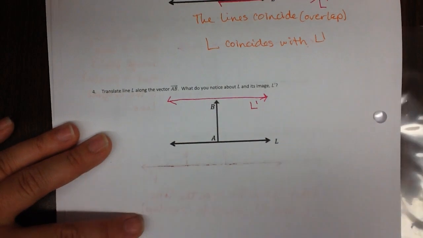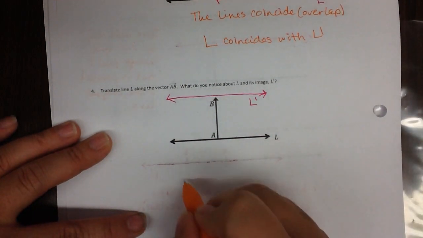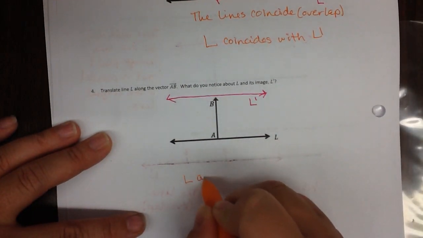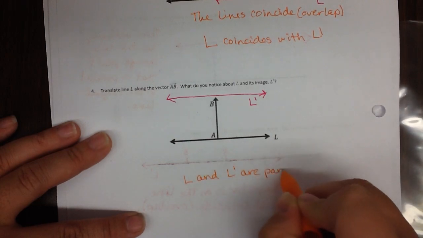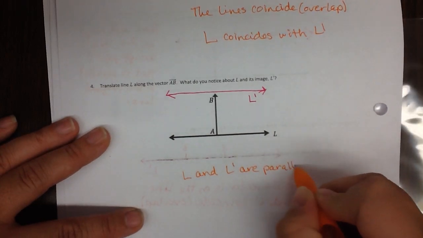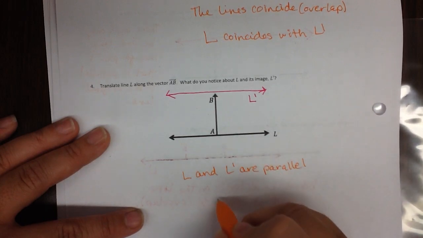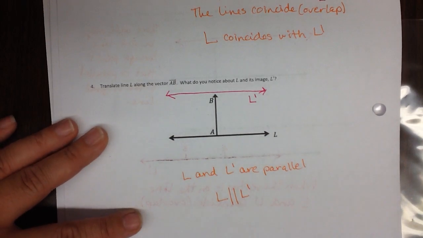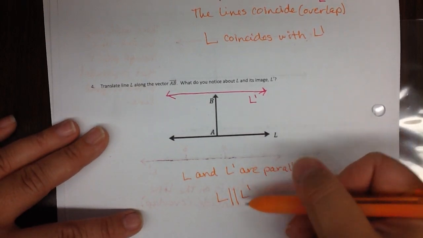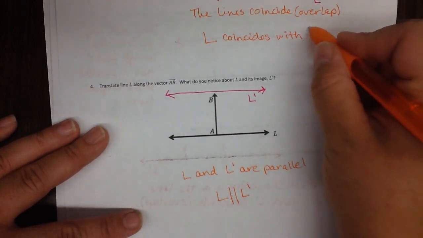So we can write this in two ways. L and L prime are parallel, or we can use symbols. L is parallel to L prime. Either one of those will work.